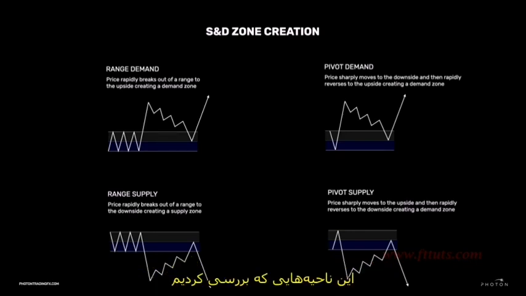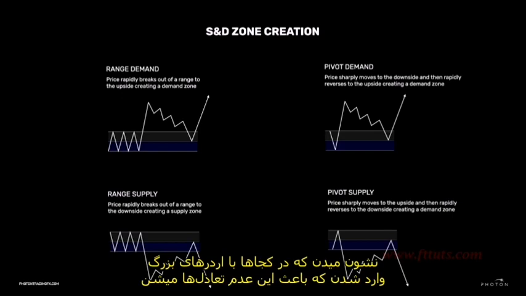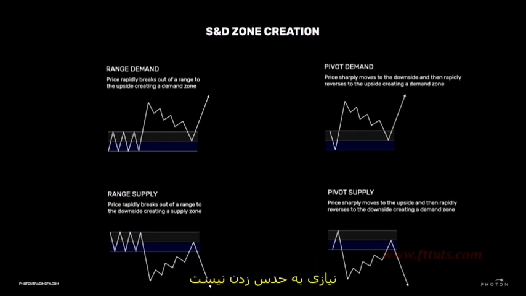So these ranges and these pivot created zones, these really are the footprints of institutional orders in the market that shows us where they are stepping in with large orders to cause those imbalances. Now, we never need to guess.